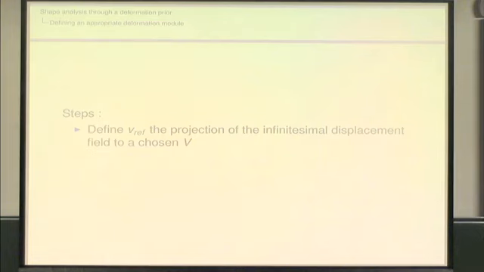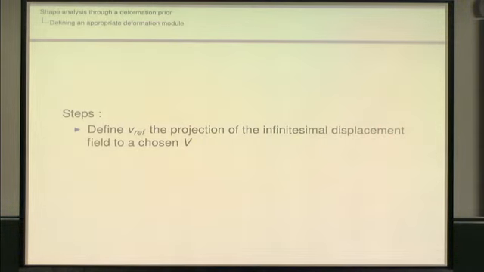First, we have to transform this knowledge of displacement into a knowledge of vector field in a suitable space V of vector fields. So we set a space of vector fields, an RKHS. For instance, I can take a very simple one, like a scalar Gaussian RKHS, with a very small sigma, twice the size of the pixel, for instance, and I use the projection of this displacement field in this space.